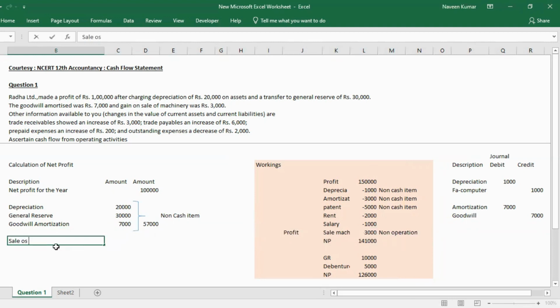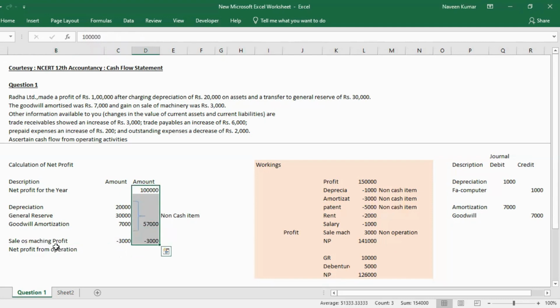So sale of machinery profit, how much did you get here? Minus 3,000. So your net profit from operation is 1 lakh plus adding 57,000 minus 3,000, so 1,54,000 is your net profit from your operation.